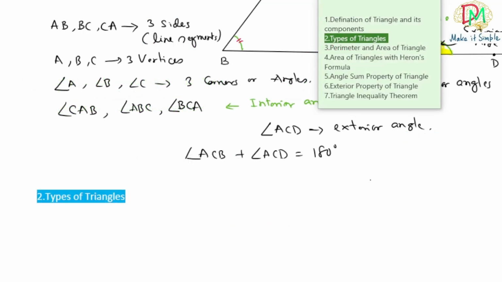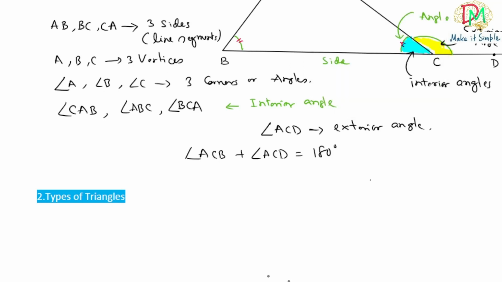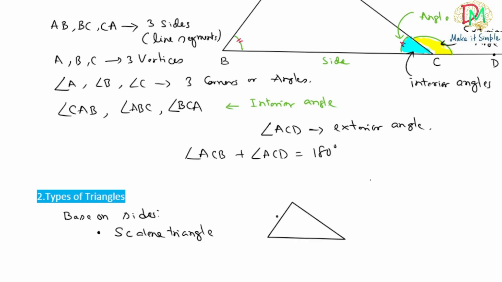Now we learn types of triangles. This is the second point of discussion. Based on side, triangles are classified into three types. The first is scalene triangle. Three sides length are different, then we can say is the scalene triangle.